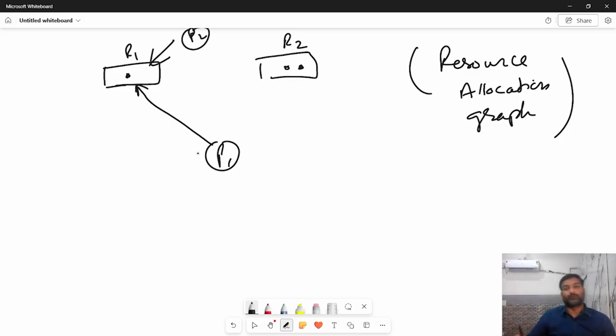If P1 and P2 both are demanding the same resource and the resource has a single instance, you need to provide it in a mutually exclusive way. If it is a single instance, obviously it can be provided to either P1 or P2, any one of them.